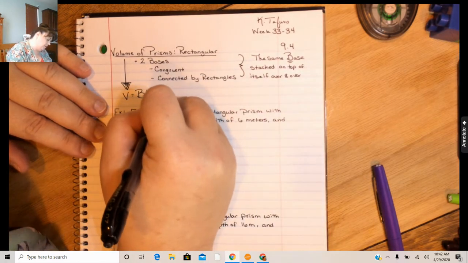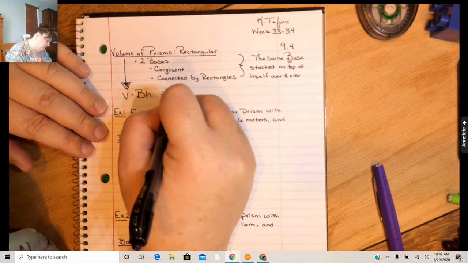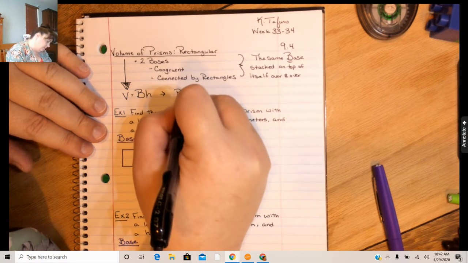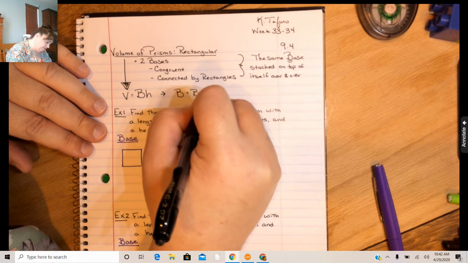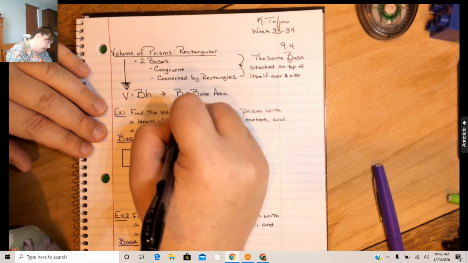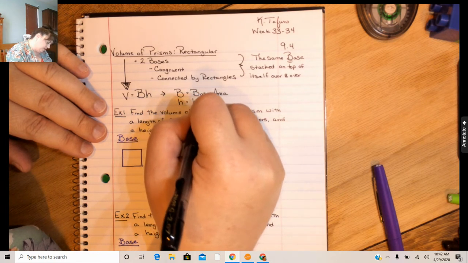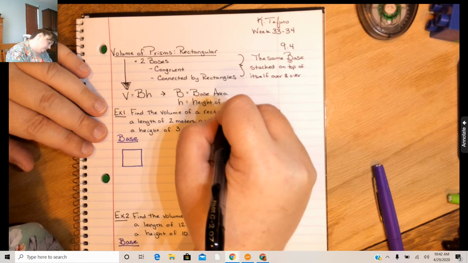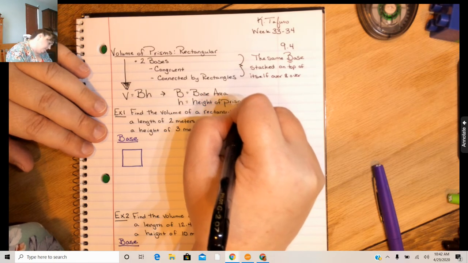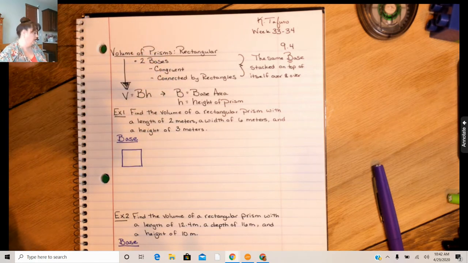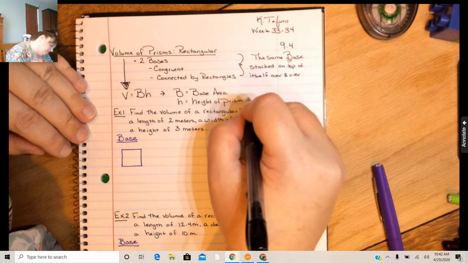So we need to remember that B is going to equal the base area and H is going to equal the height of the prism. Okay, and remember the height of the prism is what connects the 2 bases.